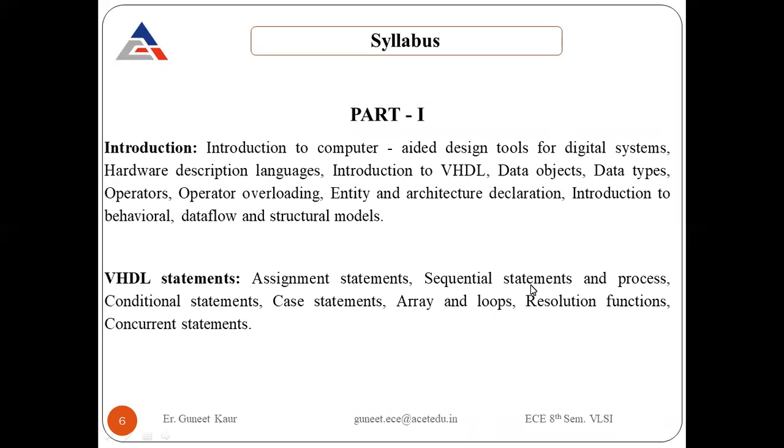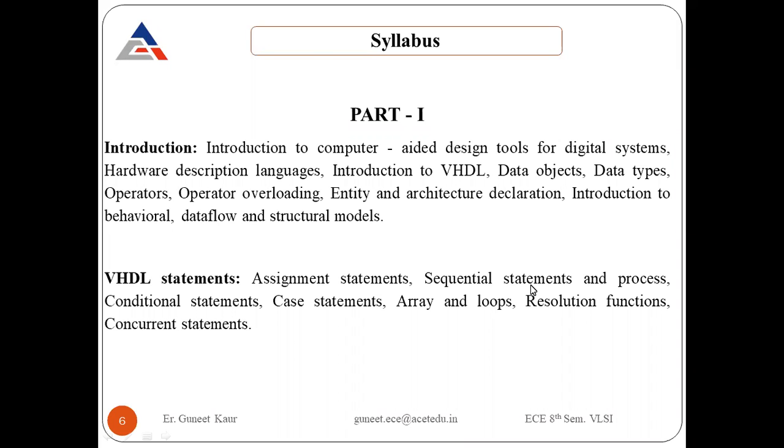Second is VHDL statements. In introduction part, we will cover the various CAD tools for digital systems. CAD stands for Computer Aided Design.